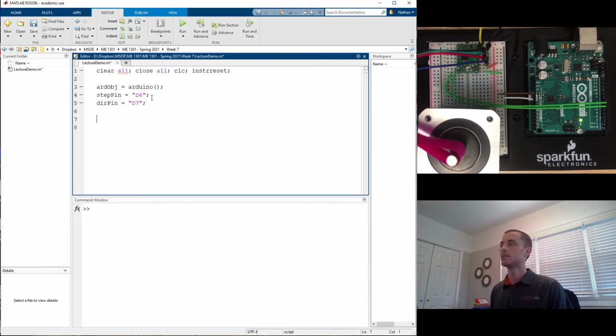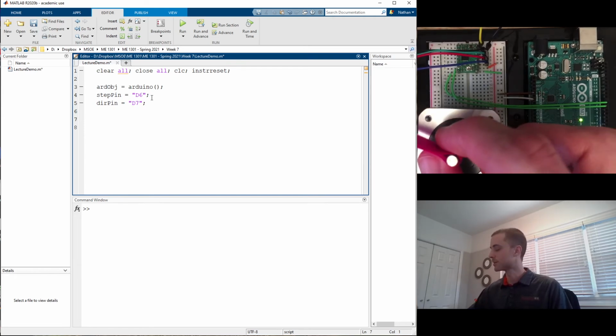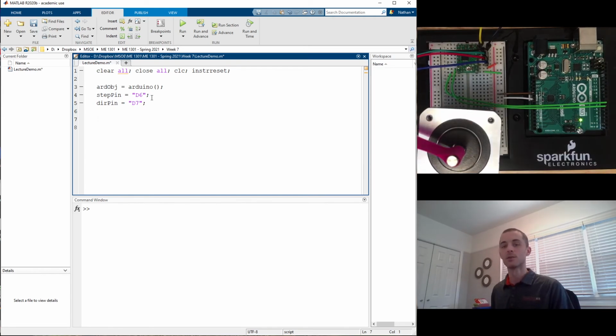I'm going to tape this on there a little better, because one step is not going to be very visible. So I'm going to say for I equals 1 to 100, we will step the motor. How do we do that? We have to supply, I believe, a rising edge. I'll pull up the documentation.